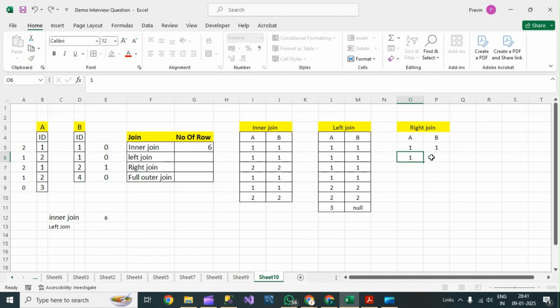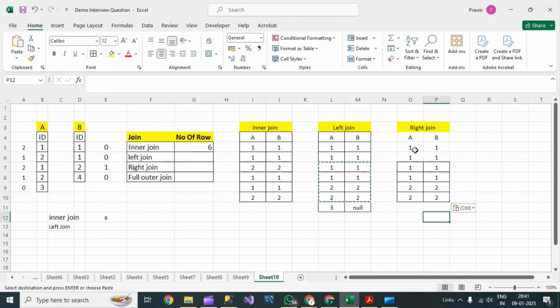So all the data will be repeated. Again this one matches with this one, this two matches with this two, then this two matches with this two. So all the data will be repeated like this.